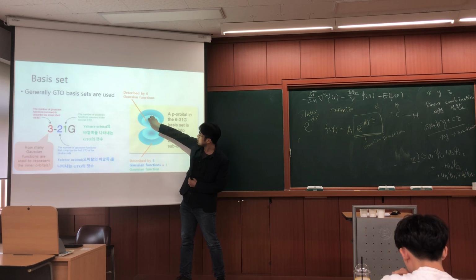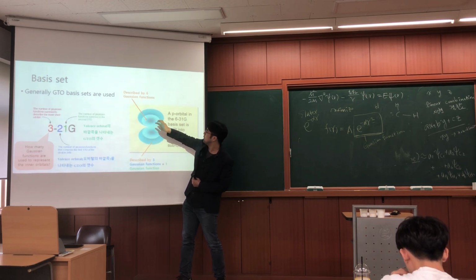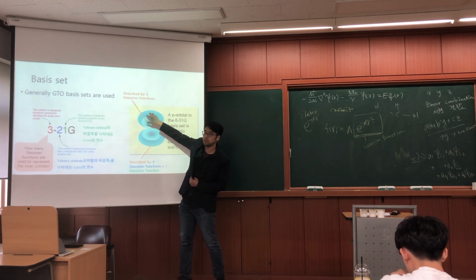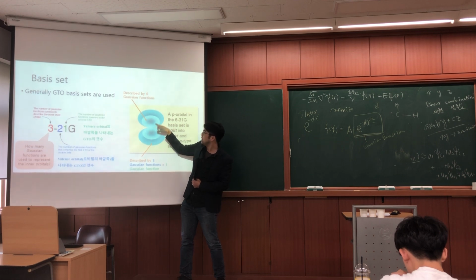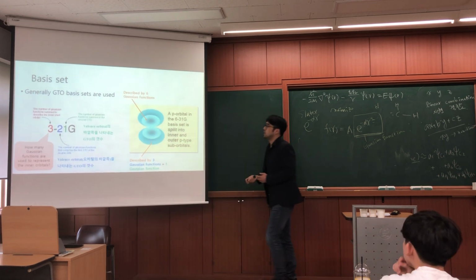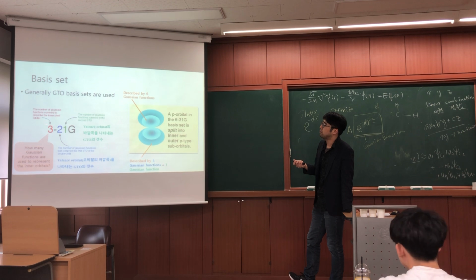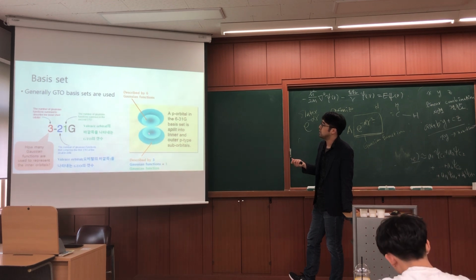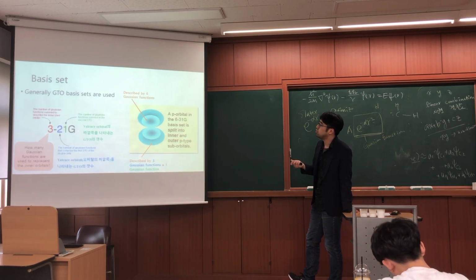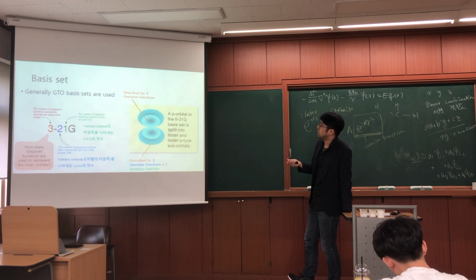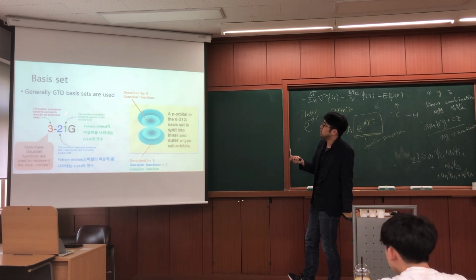Then we can divide it into inner part and outer part. The inner part is described by the sum of 3 Gaussians. And the 21G means the outer part is described by 2 Gaussians plus another Gaussian. And the G means we are using Gaussian type orbitals.